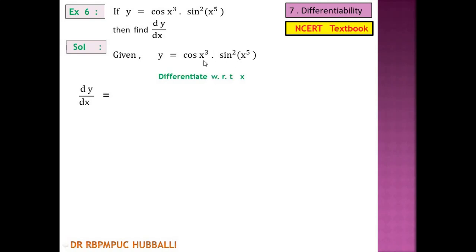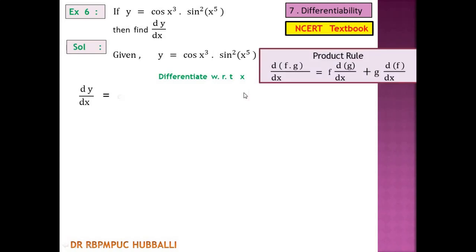Just you read, you will come to know it is into. Into means product rule. So according to product rule, keep one function as it is, the first one cos x cube, derivative of second function, that is sine square x raised to 5, plus sine square x raised to 5 as it is, d by dx of cos x cube.